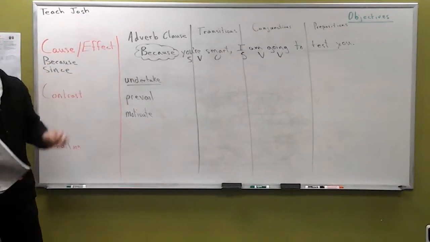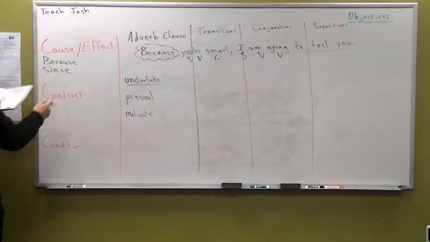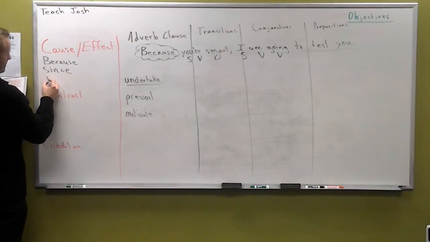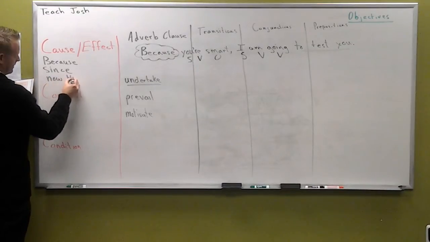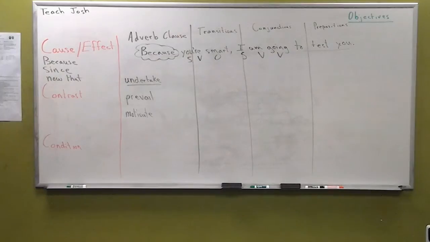Can somebody just throw since in there and see if it works? Since you're smart, I'm going to test you. It works. Okay, it's just like because. Now that. Somebody test that one. Ziggy, read it with now that. Now that you are smart, I'm going to test you. Do you see the difference there?